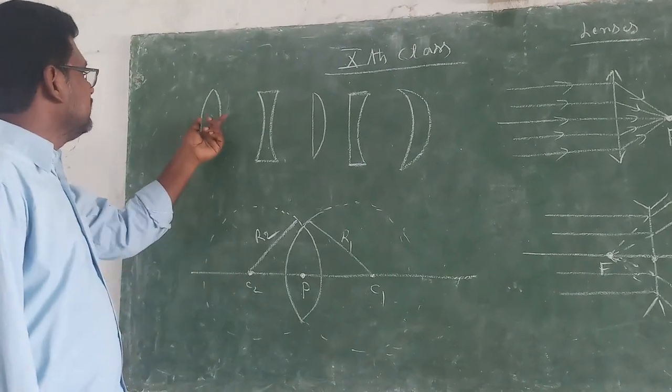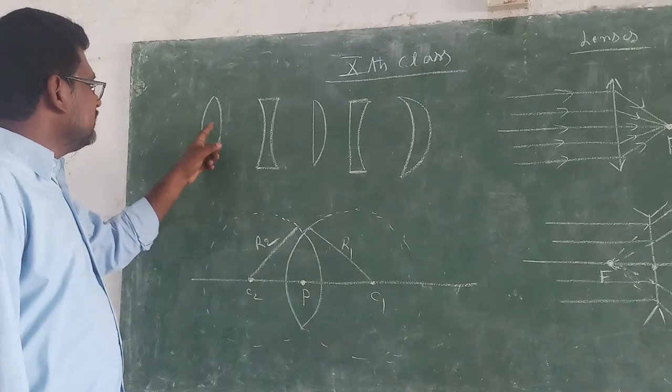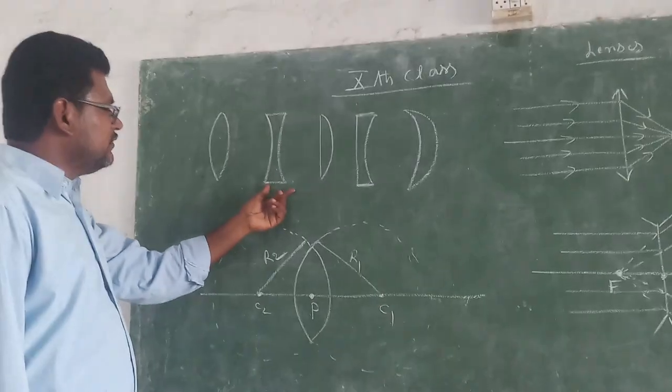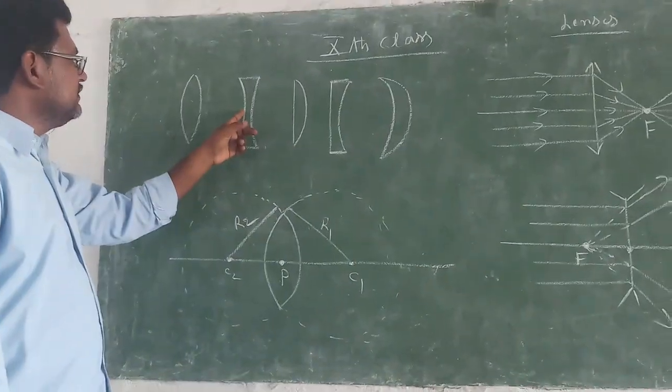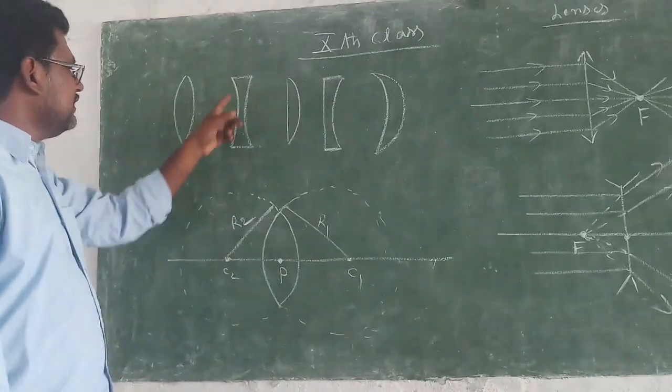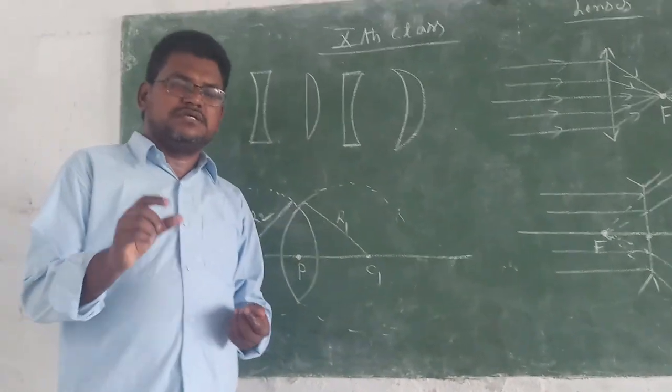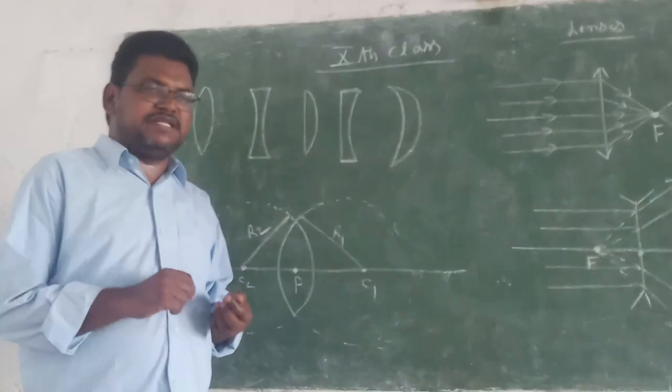That means a convex lens is thick at its middle and thin at its edges, whereas a concave lens is thin at its middle and thick at its edges. So these are the differences in the physical shape of lenses.